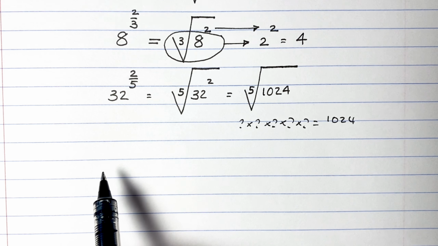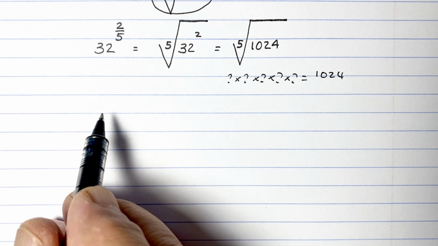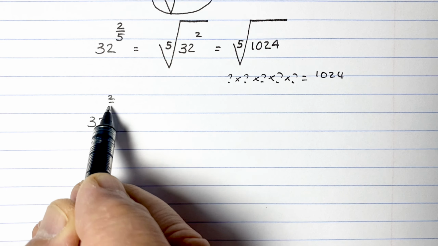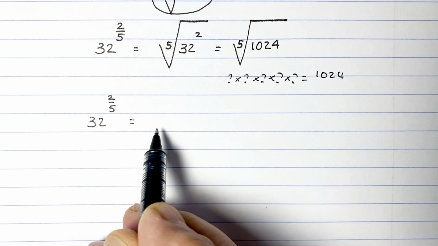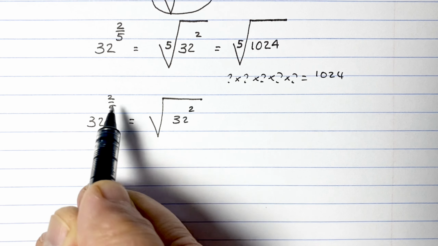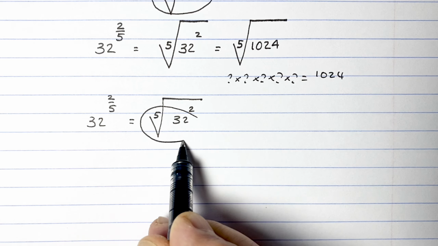So to make it easier to calculate this without the calculator, 32 to the power of 2/5, we wrote it as 32, 2 here, 5 here. Find the 5th root.